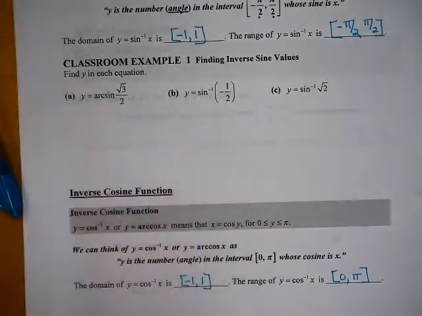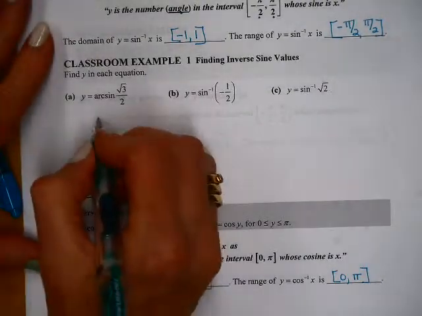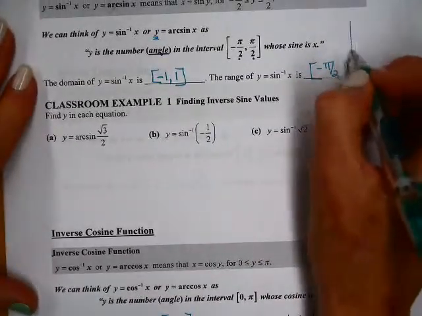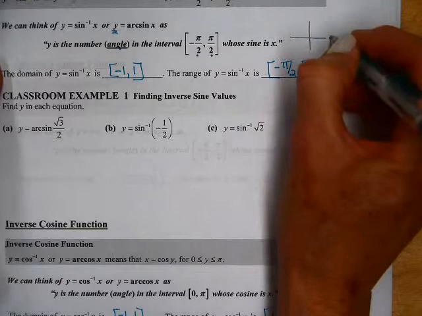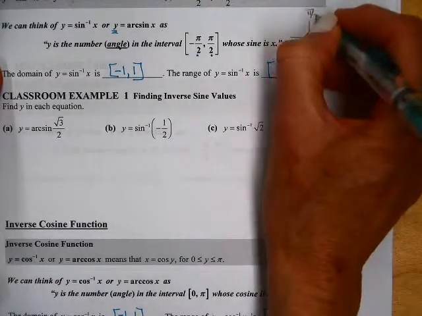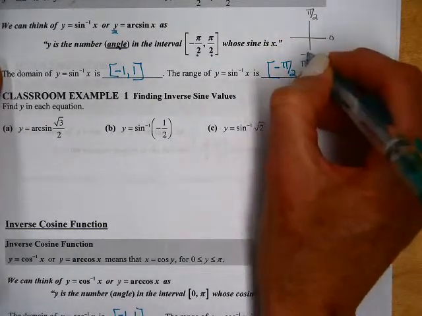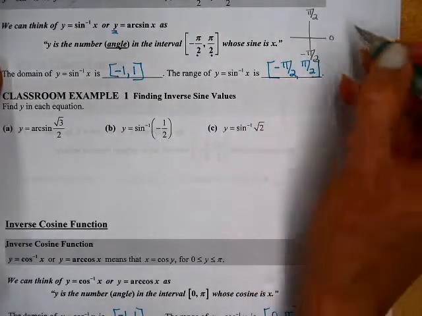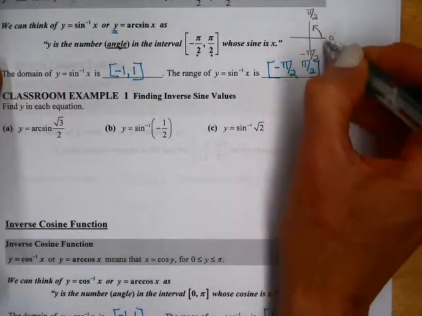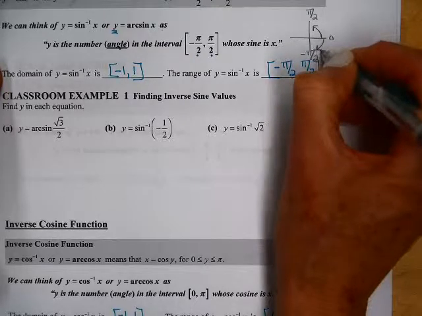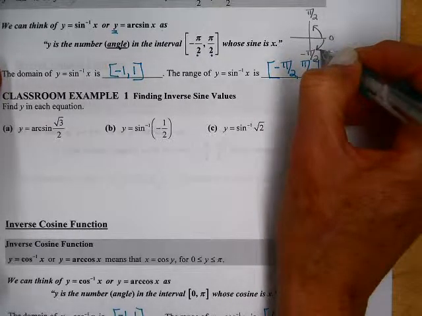All right, now let me ask you something. If you are looking between negative pi over 2 and positive pi over 2, remember this is 0, this is pi over 2, down here is negative pi over 2. So you are either looking for an angle that's rotated up here or an angle that is rotated down this way.